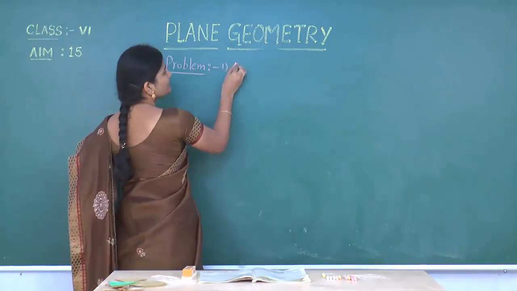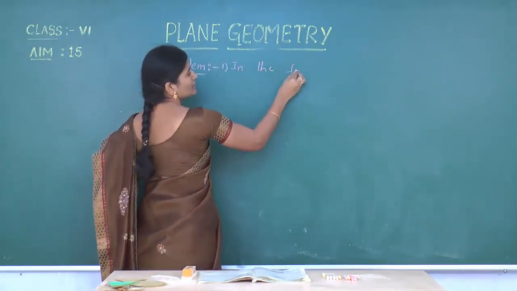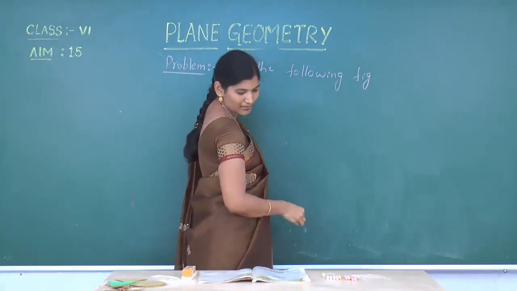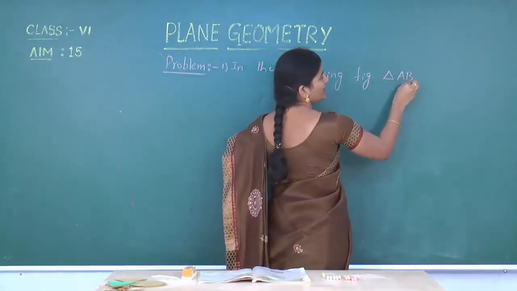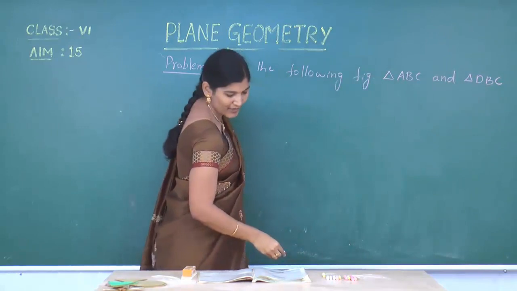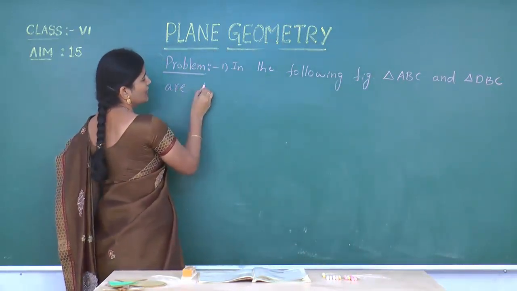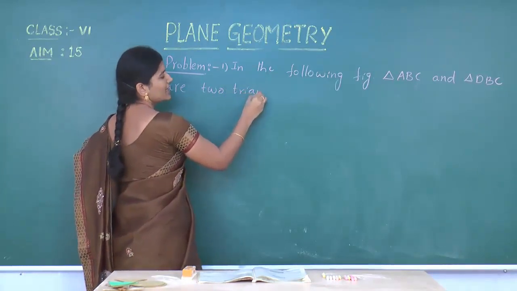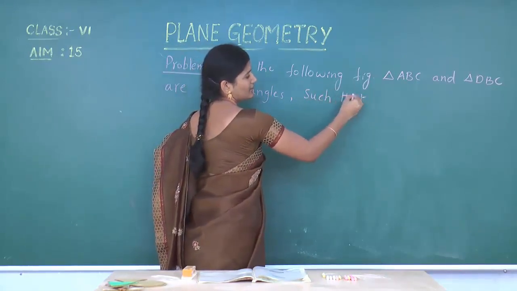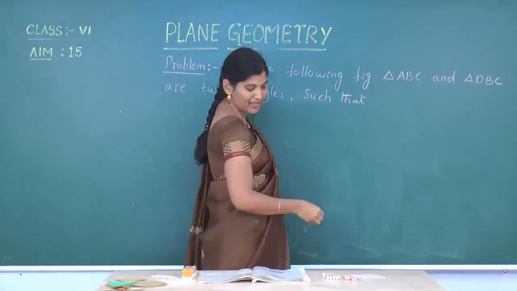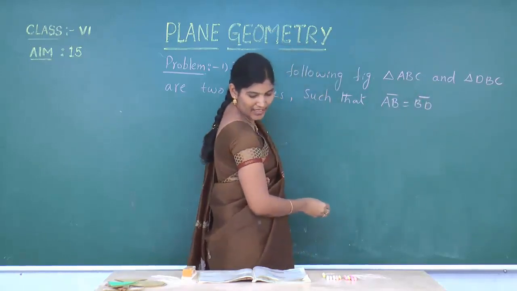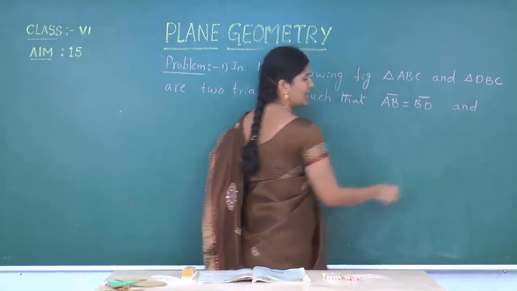In the following figure, triangle ABC and triangle DBC are two triangles such that AB is equal to BD and AC is equal to CD.